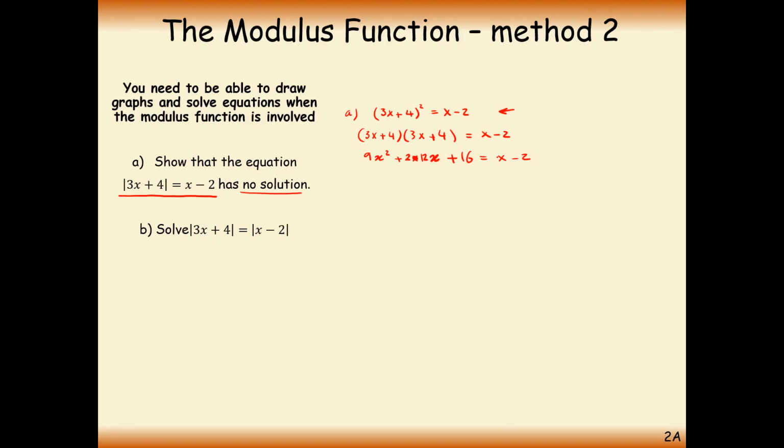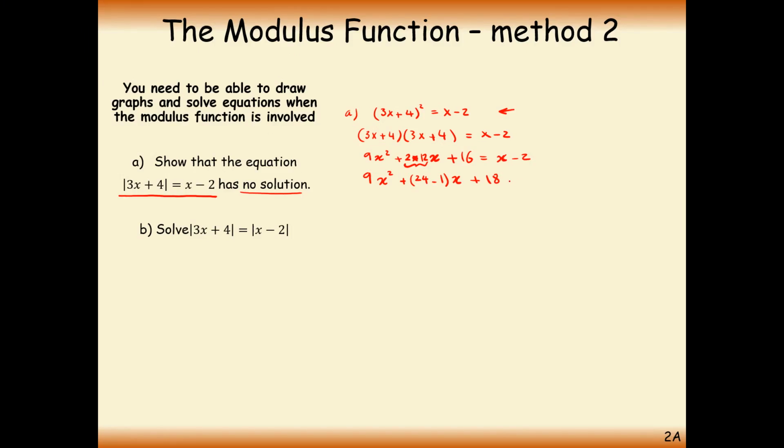And I'm just going to keep the x minus 2 on the right for now. So bringing the x minus 2 to the left and multiplying this, take away a 24. The 24 minus 1, I'm just going to write it in front of the x, and we'll have a 16 plus 2.